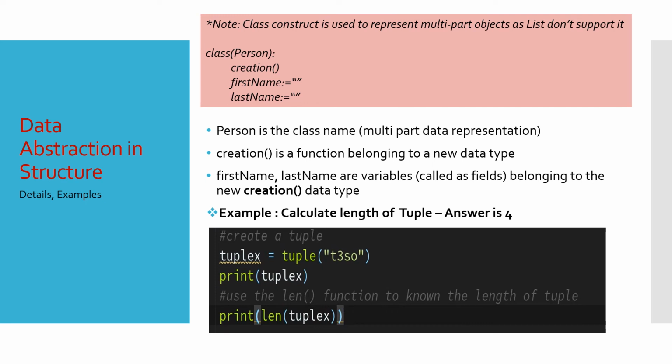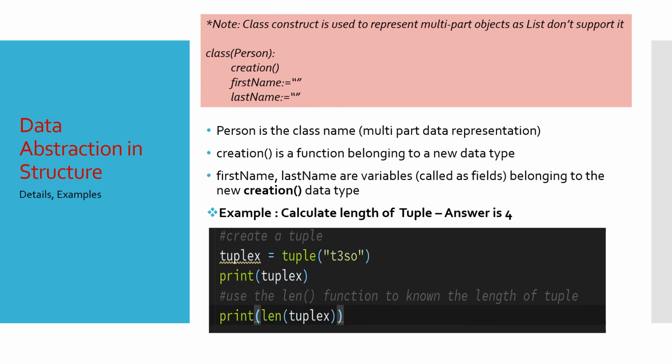How do you calculate the length of a tuple? I wanted to show a difference between this one and the list. In this screen, you're looking at the bottom, the black color screenshot. You can see that tuplex is just a variable. It's been declared as a tuple, and then there is a print command of tuplex.